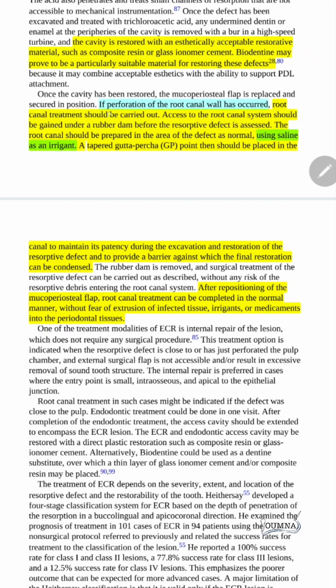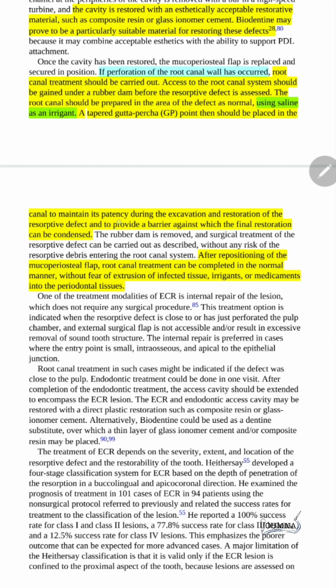In cases where there is a perforation between the cervical area and the root canal, we open the access and do instrumentation as normal, using saline as an irrigant. Then we insert a tapered gutta-percha in the canal to maintain its patency during the removal of the granulation tissue and the restoration.